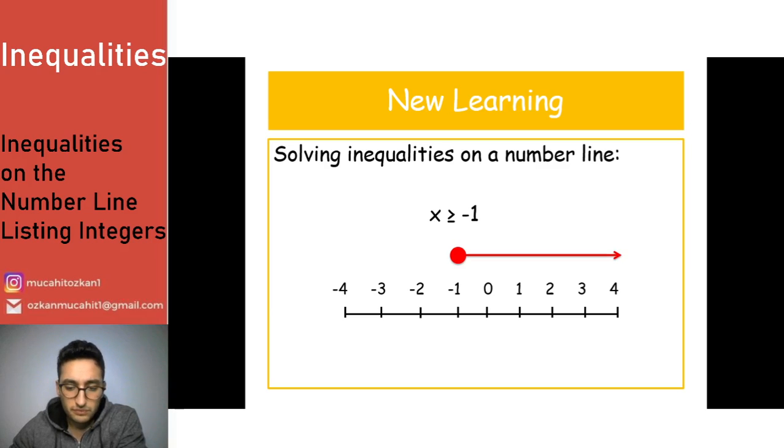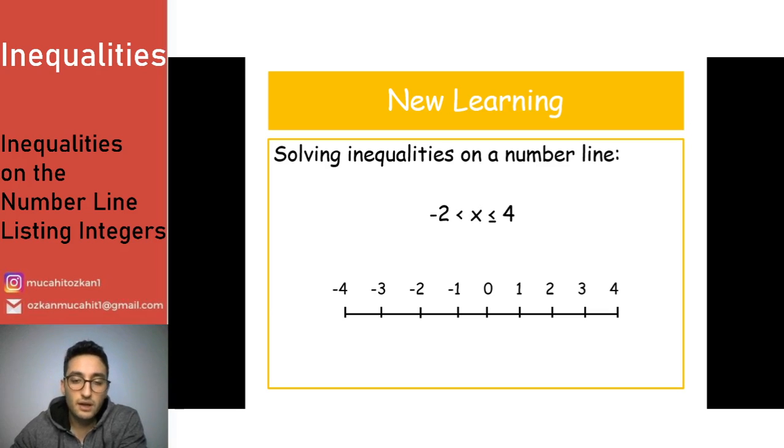Also, x, or any unknown value, might be between two numbers. Let's have a look carefully at how we can show this on the number line. On the left side, I can say x is greater than -2. So on top of -2, I'm going to draw a circle without shading it because -2 is not included.